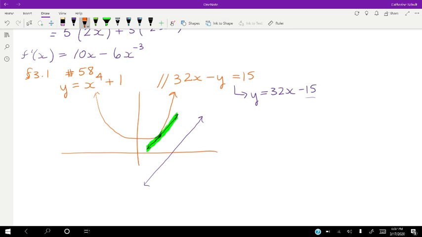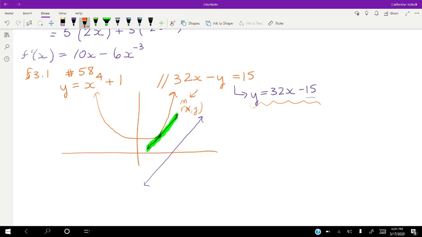Remember, when we want to find an equation, we need a slope and we need a point. Okay, so we can get our slope from there, right? And then it'll be our job to find the point after that, okay? So what is the slope in this case?